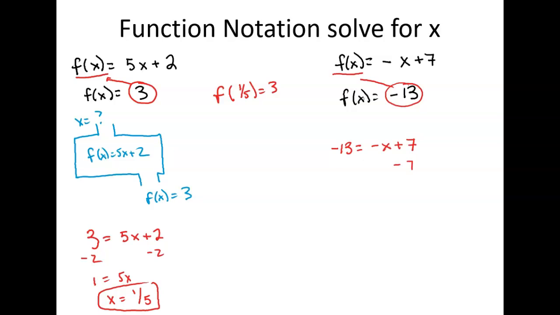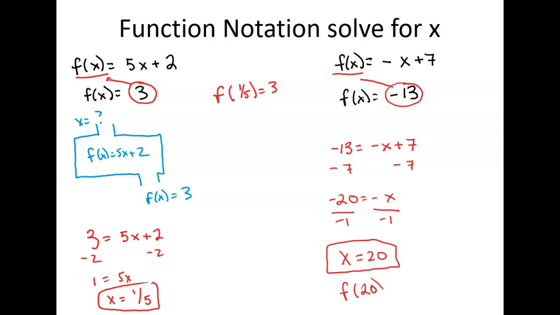I'm going to subtract 7 from both sides. Negative 20 is equal to negative x. Divide by negative 1, and I get x is equal to the number 20. This is a perfectly acceptable answer. Or if we wanted to write it in function notation, we could say f of 20 would eventually give us that negative 13. Either way is perfectly fine.